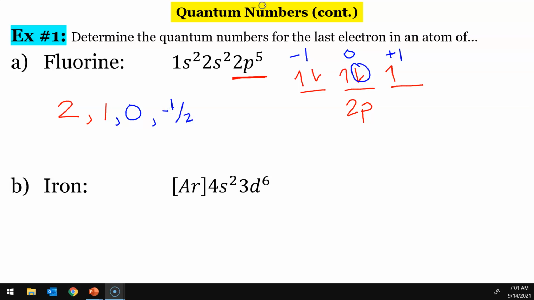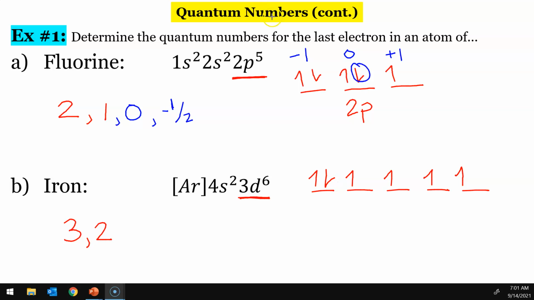Let's look at iron. We're looking at the last electron, and that's in 3d6. So the first number will be 3. It's in the D shape, so D is 2 according to our table. Then let's draw out the orbitals. D has 5 orbitals. There's 6 electrons: 1, 2, 3, 4, 5, 6.